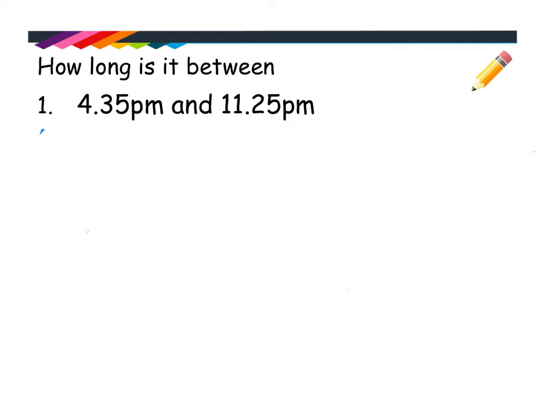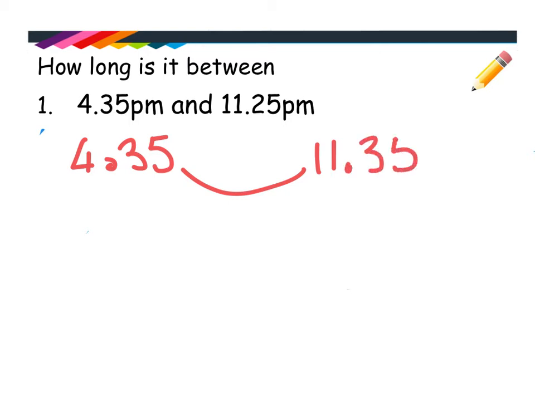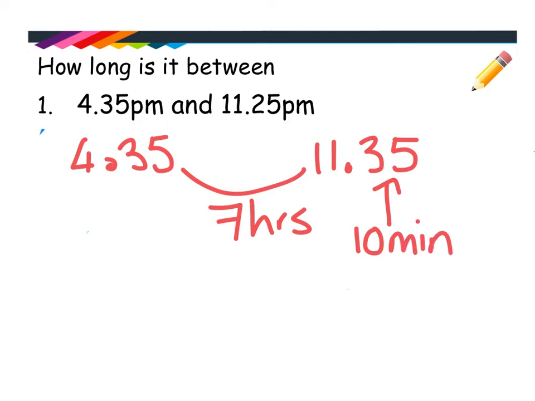I'm going to do the same question again, but I'm going to mention a way that some other pupils think about it. Some of my pupils will say, well, I do 4:35 and I go straight up to 11:35. And they say, right, 4:35 to 11:35 is 7 hours. But I've gone 10 minutes too far, so they have to count back 10 minutes.